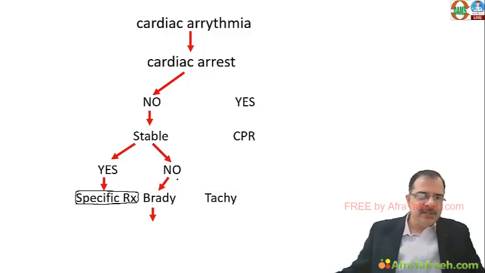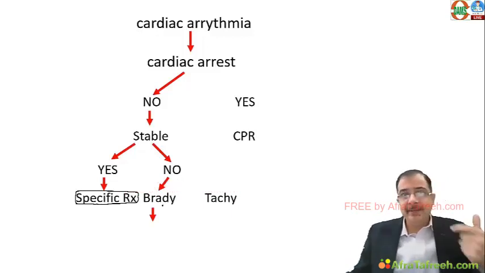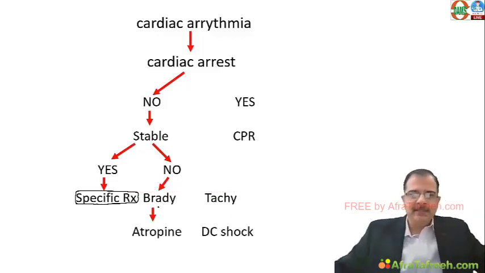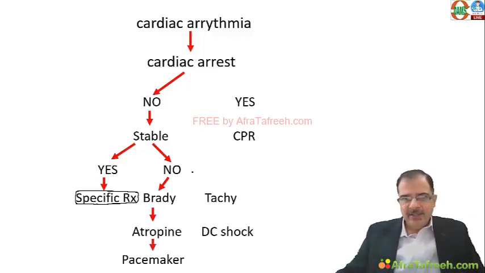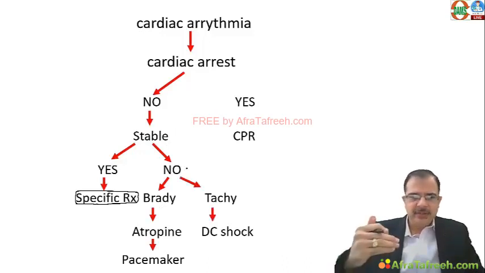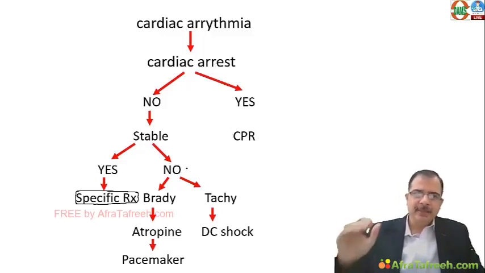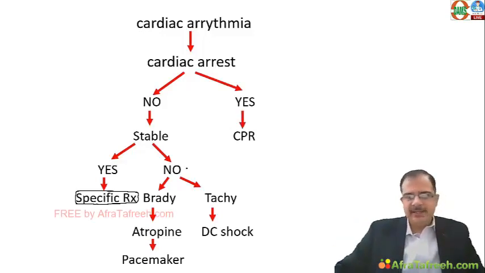If the patient is unstable with bradyarrhythmia, immediately give atropine followed by pacemaker. If the patient has tachyarrhythmia, we straight away go for DC shock. If cardiac arrest is there, yes, we go straight away for CPR.